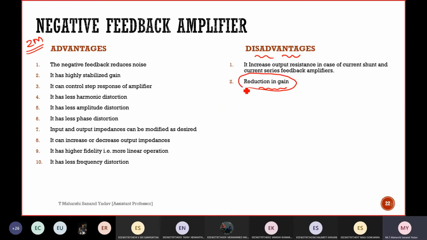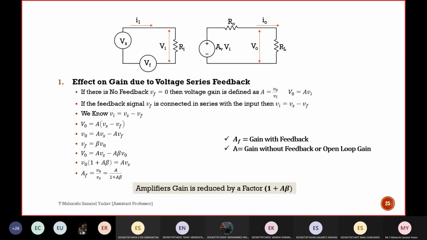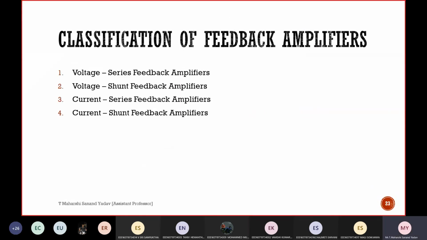This is a point which we have covered till now. After reading all the topologies like voltage series, voltage shunt, current series and current shunt, you will be clear with these points also. Is everyone clear with this? All these topologies or any doubts?